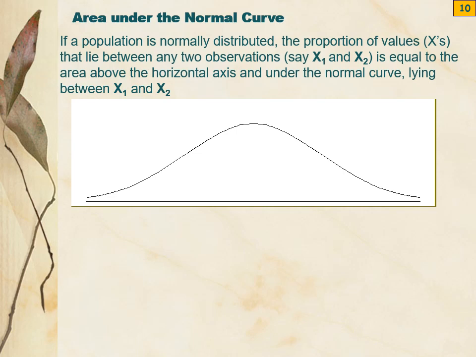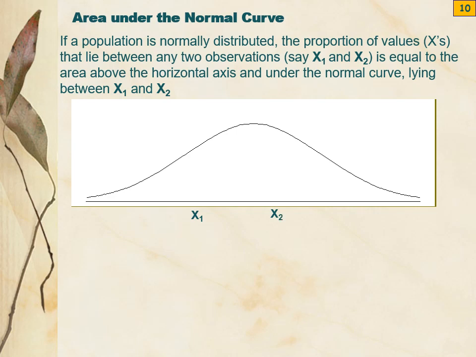What does it mean? Suppose a variable follows normal distribution and the curve is given here, and there are two values x1 and x2 of that variable. This is x1, and x2 is more than x1, so it should be on the right side.